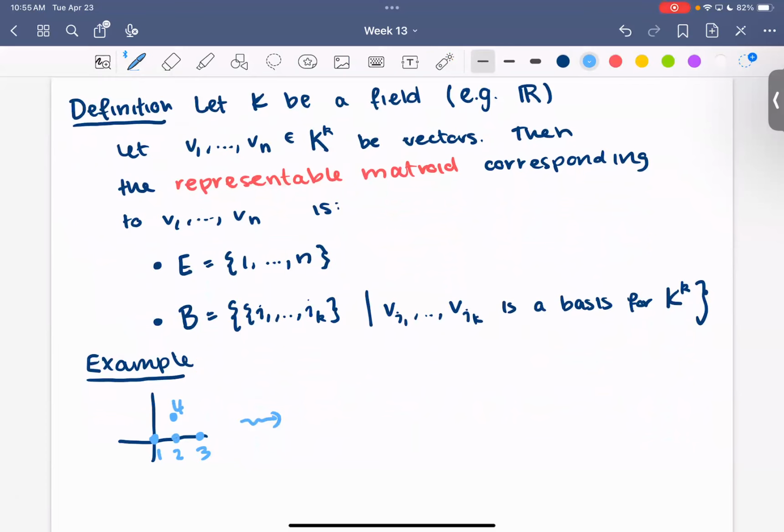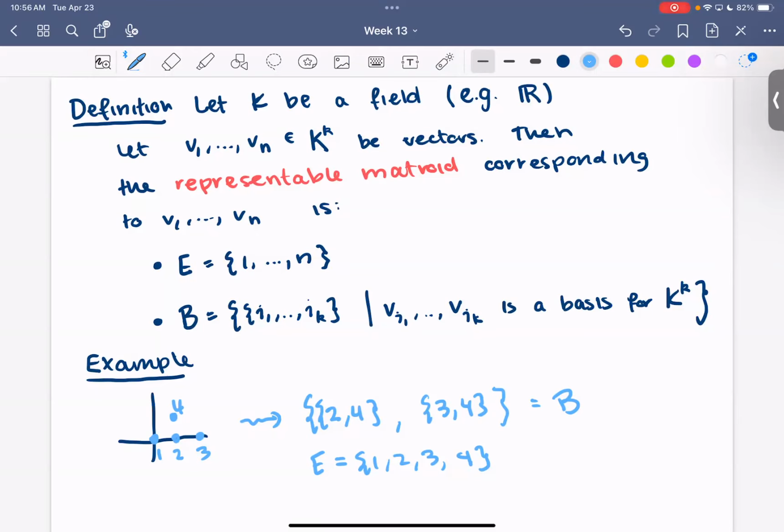And we saw that the ones that form a basis are 2, 4, and 4, 3. So that would be the bases of my matroid. And E is just the set 1, 2, 3, 4. Okay, is the setup clear?